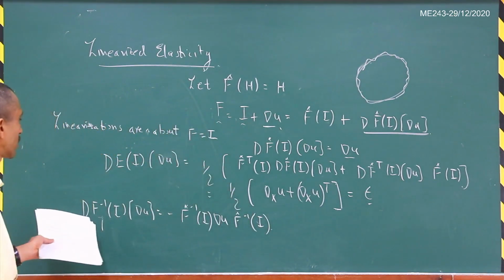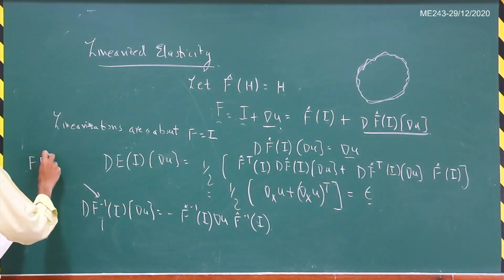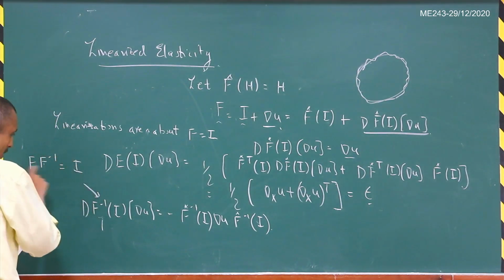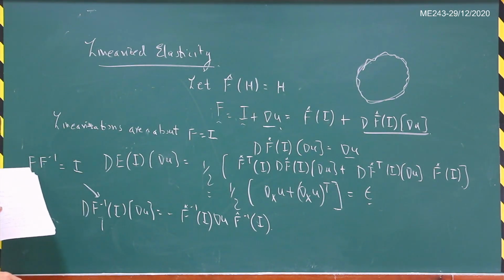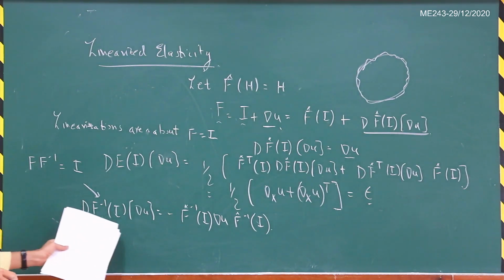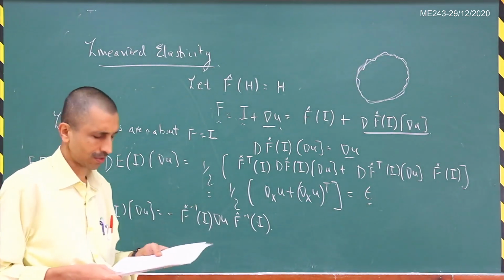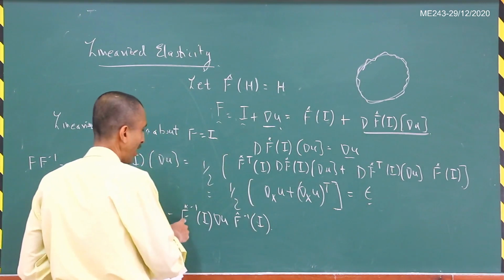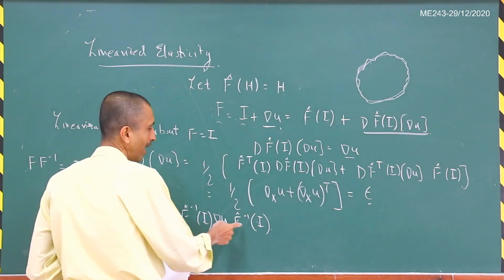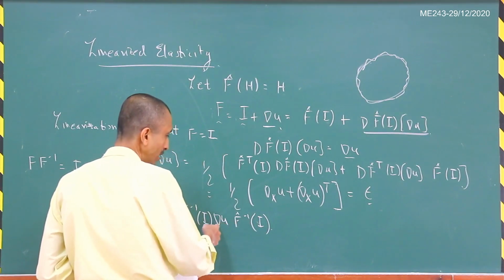This relation is just obtained by taking the derivative of the relation F F inverse equal to identity. So apply the product rule while taking the derivative of this one, then this is what you will get. And since F is invertible, we can write this particular relation here. Again, f hat of identity is identity, and f hat inverse of identity is also identity. So you will get del u.